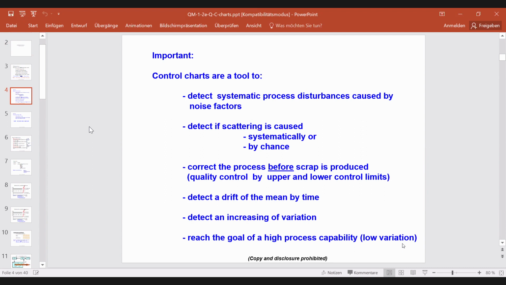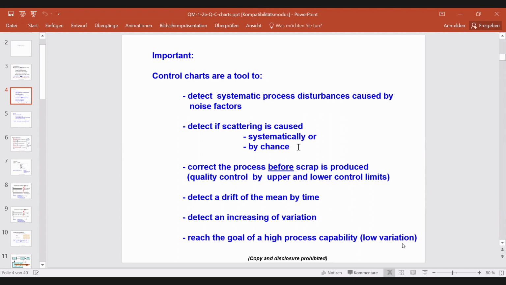The detection also of scattering; this means the scattering is the same as variation. Scattering means variation. To detect this, control charts are a tool to detect if the variation or the scattering is caused systematically, like the change of the material or material batch, as I said before, or a change of the machine or whatever, or if the variation is caused only by chance.